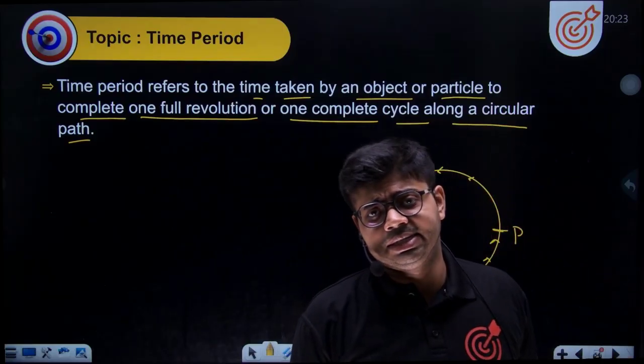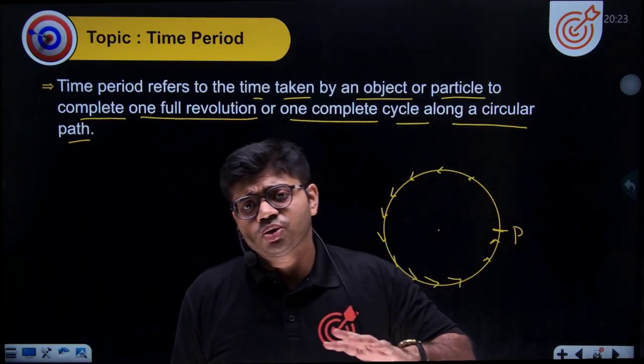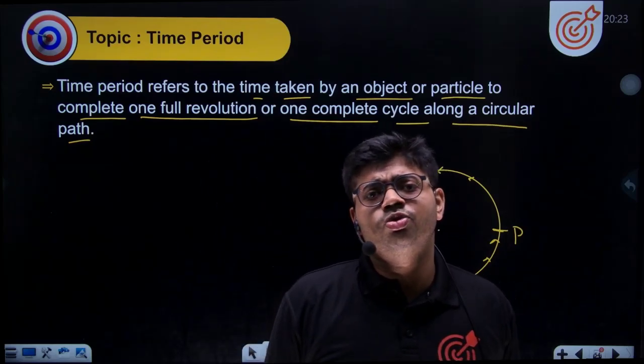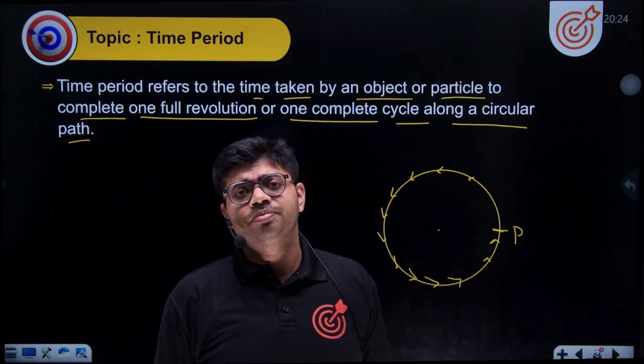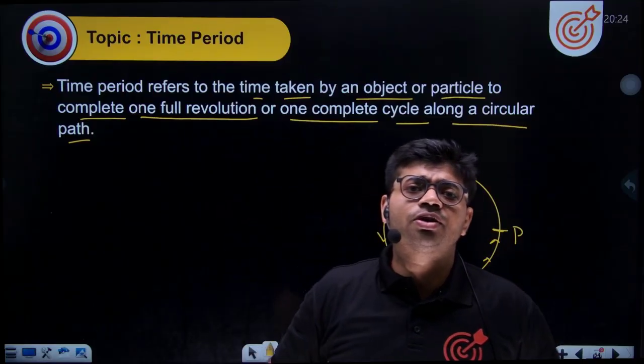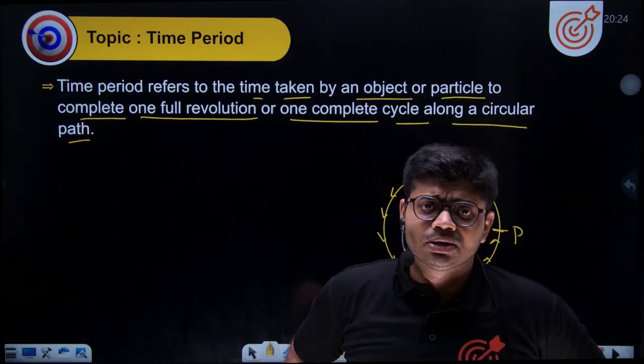It is 360 degree, right? The total angle covered is 360 degree or 2 pi radian. What is the time taken to cover this 2 pi radian? That is what we are going to call the time period.